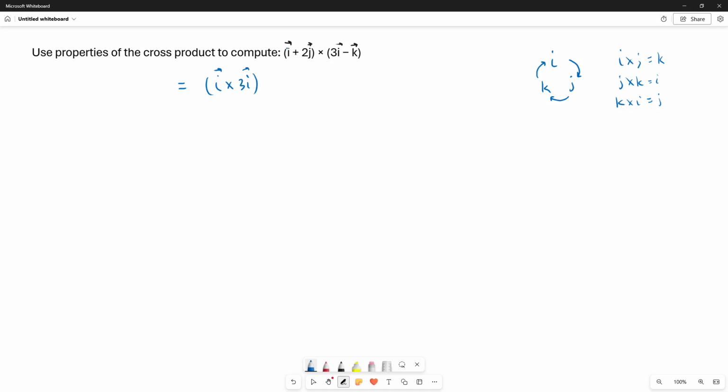And then plus, I know it's a minus there, but I'm going to say plus i cross negative k. And then plus 2j cross 3i. So we're using the distributive property of the cross product. It distributes over addition. And finally, we have plus 2j cross negative k.